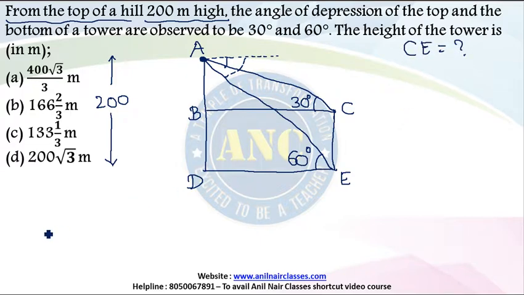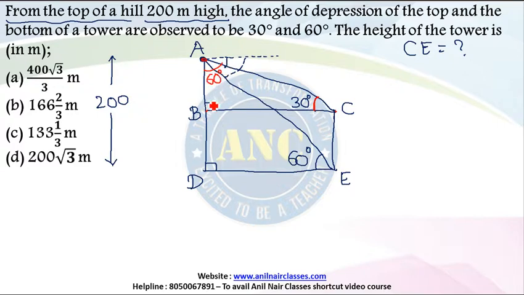Now, same logic I would like to implement once again, sir. This will be 90 degrees. Similarly, this is 90 degrees. If I apply the same methodology, I will not even change the methods. I will use the same methodology. Now, if I take this triangle ABC, 30 degrees the angle given here. If this is 30, then angle A entirely should be 60 degrees.